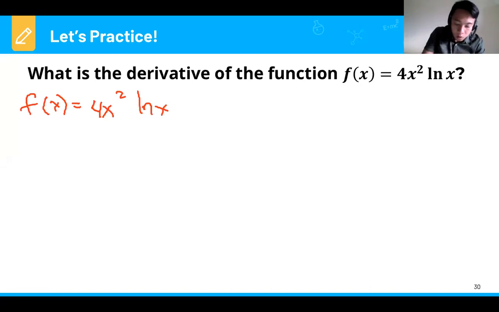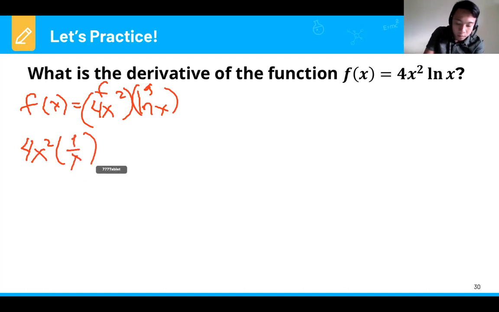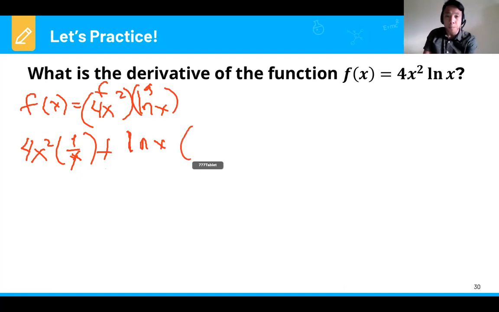Okay? So these two will become f and g. I will copy f first, and then the derivative of g, that is 1 over x. And then plus, I will copy g, which is ln x, multiplied by the derivative of 4x squared, which is 8x. Correct?